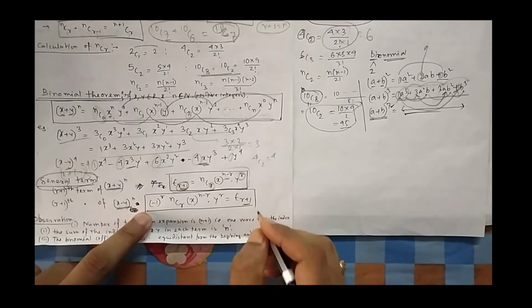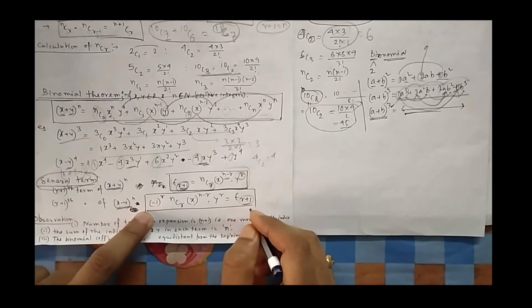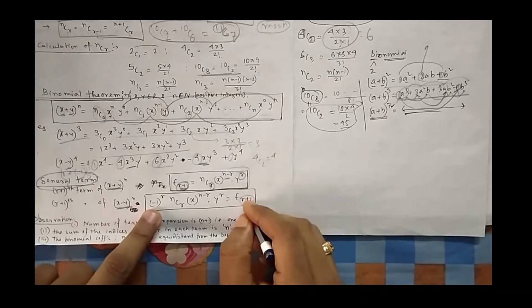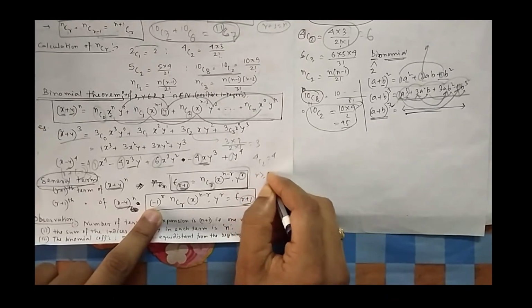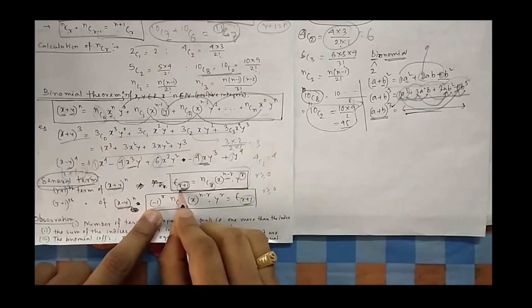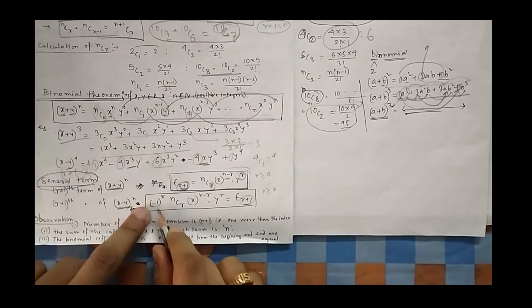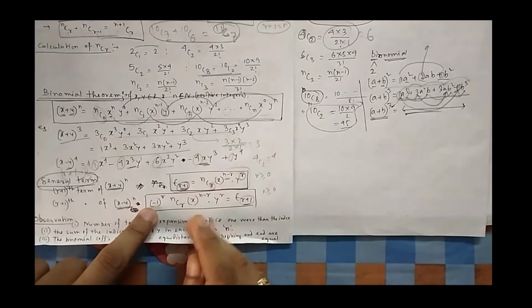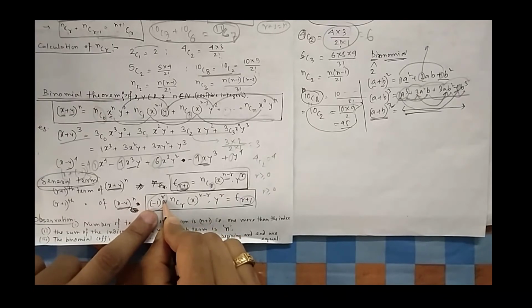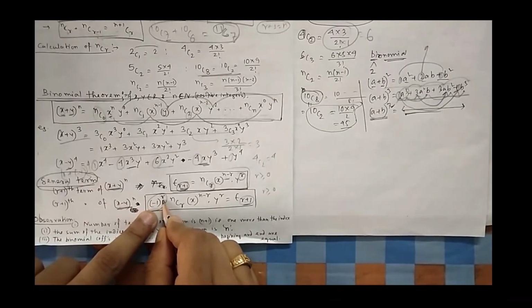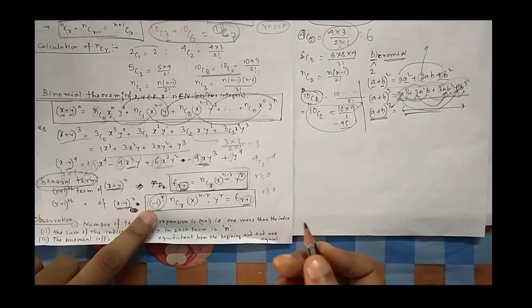So T r plus 1, you can think of it in this way. Here r starts from 0. In both cases r will be 0, because r cannot be negative. If it is r equal to 0, then you will get the first term. So whenever there is confusion about plus and minus, you always put minus 1 to the power r. If r becomes even, then it becomes positive. If r becomes odd, then it becomes negative. So you can also easily find it.